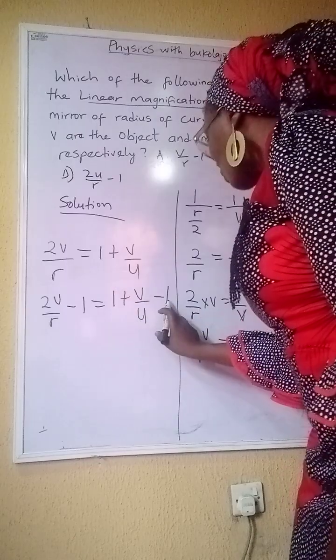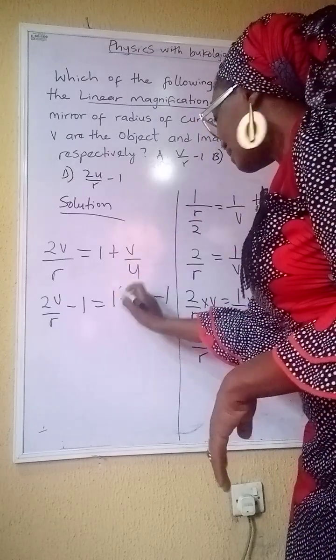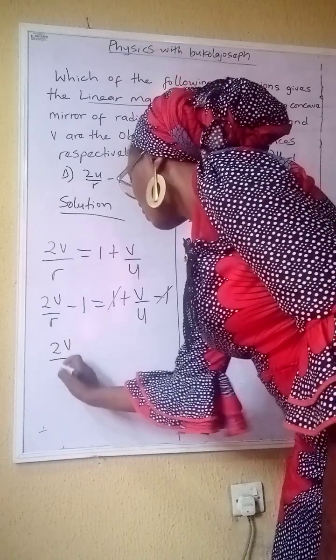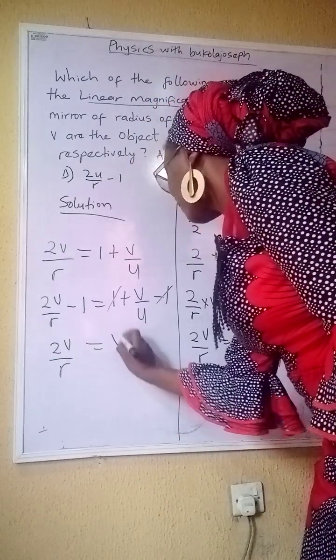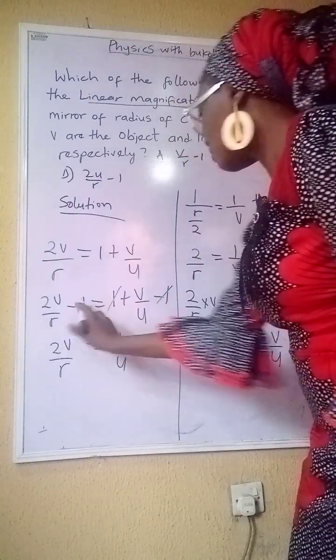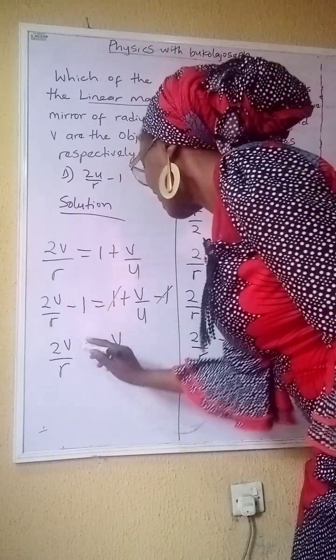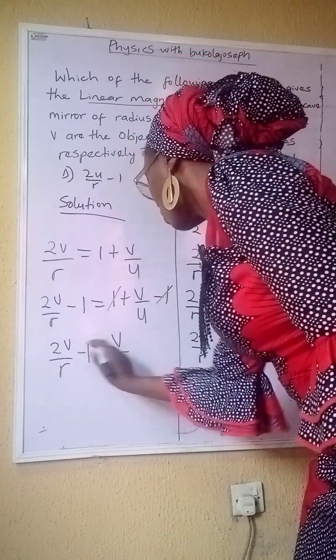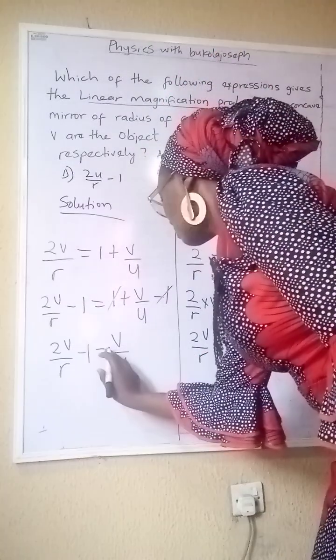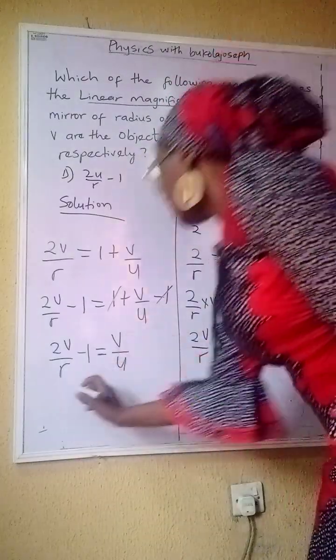Plus 1 minus 1, they go, and then we'll be left with 2V all over R minus 1 is equal to V over U. I missed the minus 1 on the left side. So this is the answer.